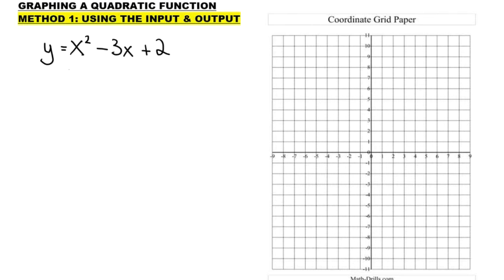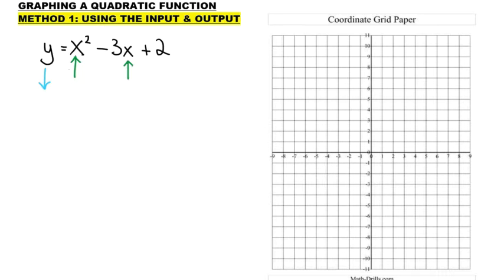Okay, boys and girls, so we're going to be taking a look at how to graph a quadratic equation using method 1, knowing that a quadratic equation is a function, meaning that we have our input, the x variables, and output, the y variables.